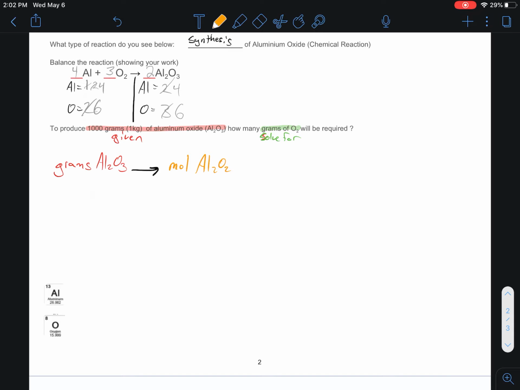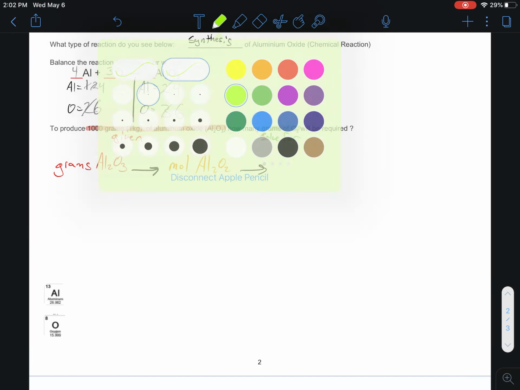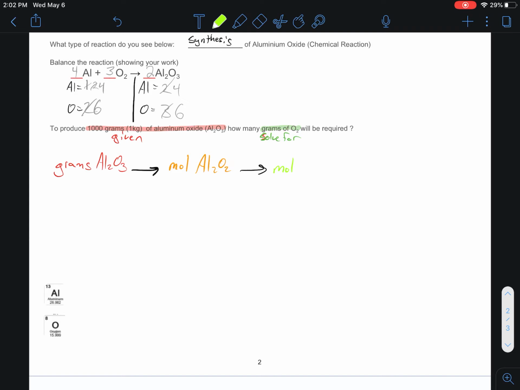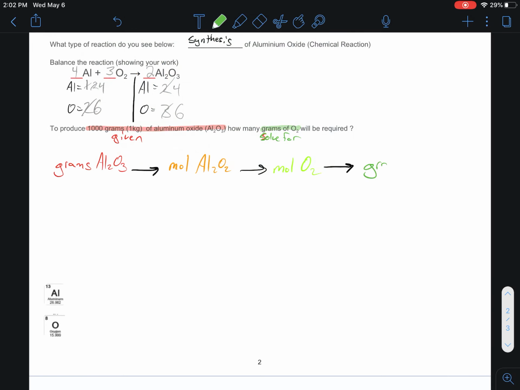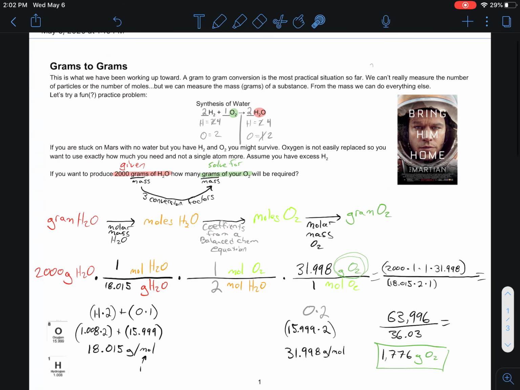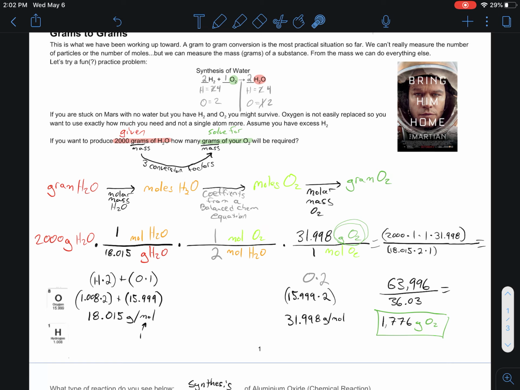We go from moles Al2O3 to moles O2. We go from moles O2 to grams O2. 3 conversion factors, 1 for each of those arrows. First one, just like before when we solved it for that Martian problem, it's going to be using molar mass. Second arrow is coefficients from a balanced chemical equation. Third arrow is molar mass.